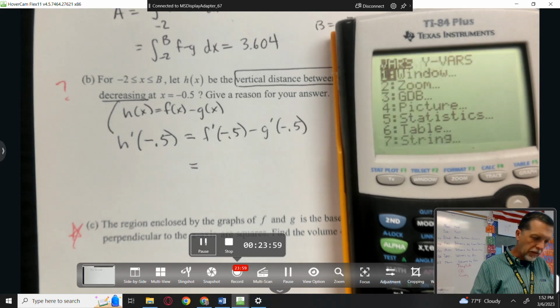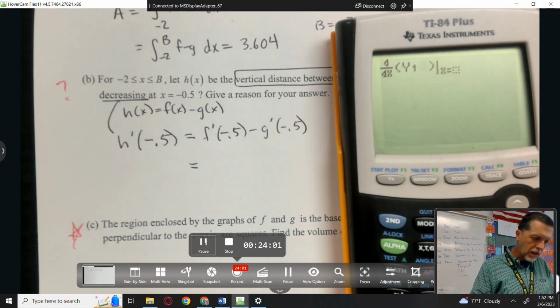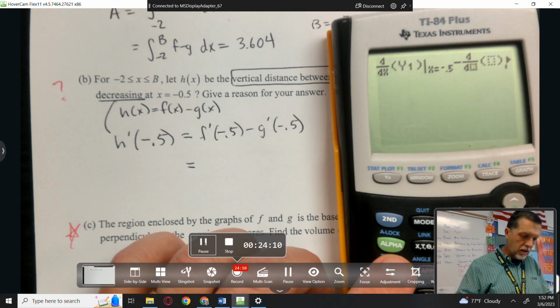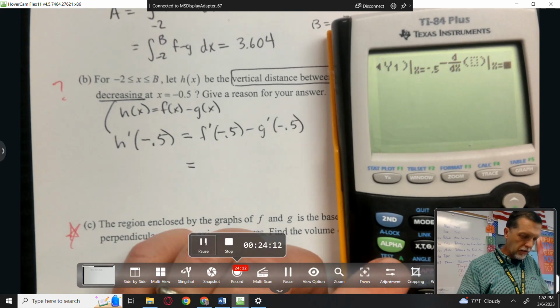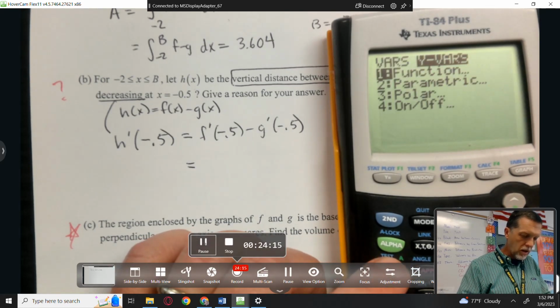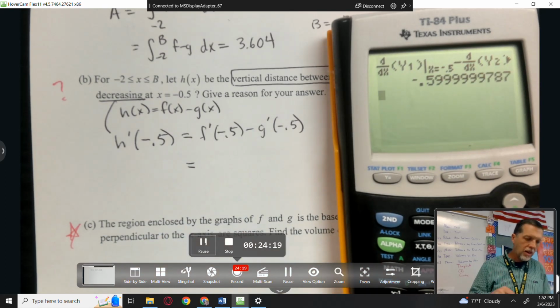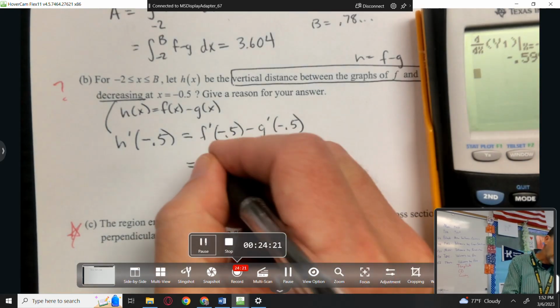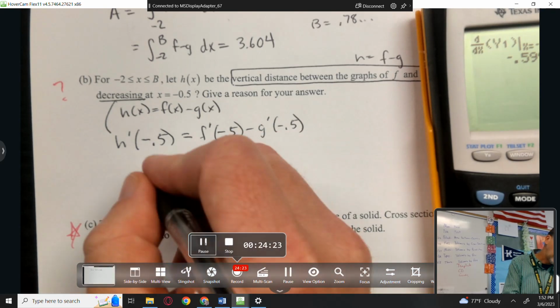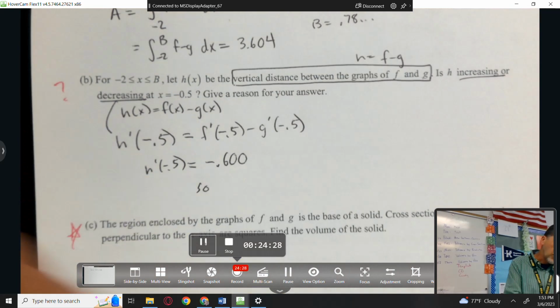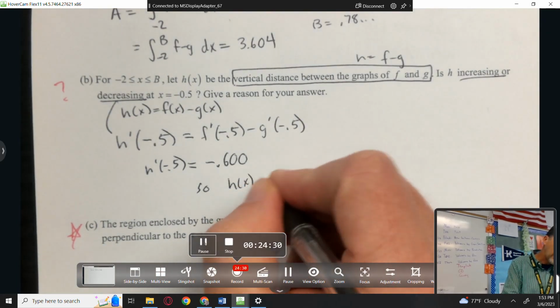So I want the derivative of y1 at -0.5. And heck, I may as well just do the whole thing. Minus the derivative of y2 at -0.5. So that's -0.6. So h of x is decreasing.